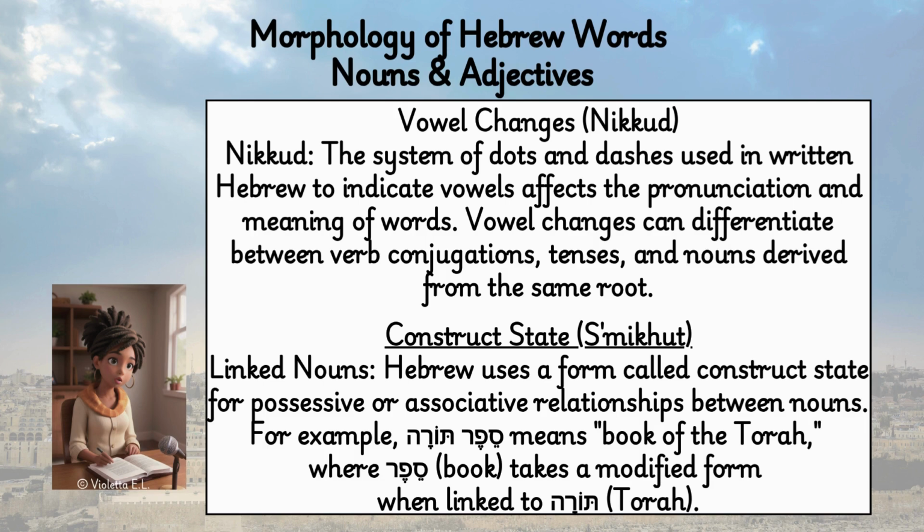Construct state. Linked nouns. Hebrew uses a form called construct state for possessive or associative relationships between nouns. For example, Sefer Torah means book of the Torah, where sefer, book, takes a modified form when linked to Torah.